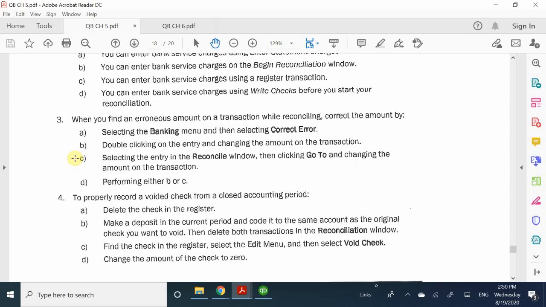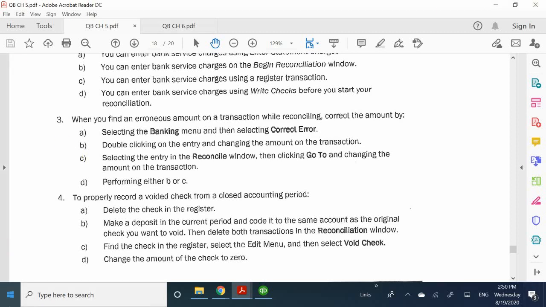D, perform B and C. Yes, it is D. You could choose either B or C. You can double click the entry and find it and change it. Again, we looked at that.